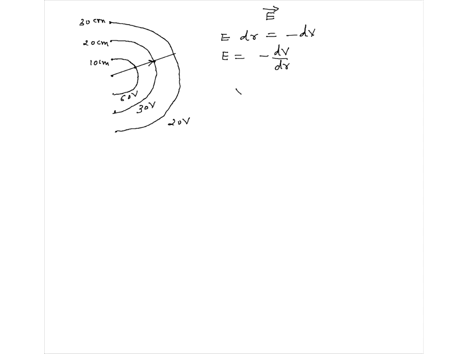It shows that V into R is constant. Right? And we know that constant also. That constant is 600 volt centimeter, or 6 volt meter.